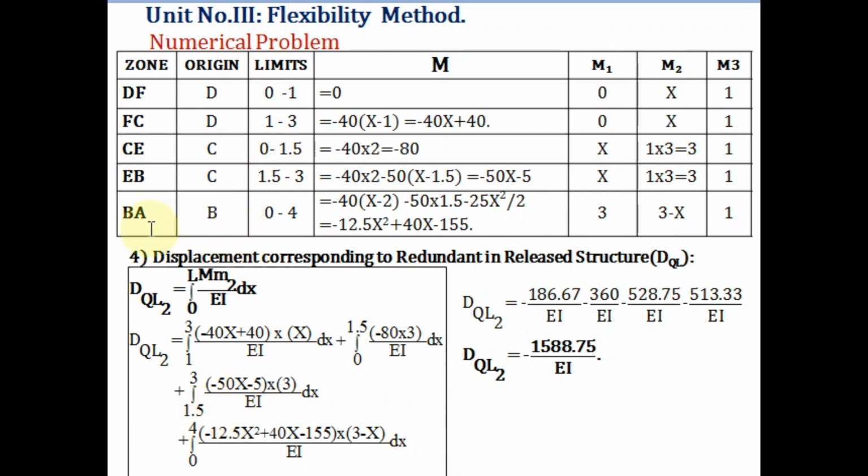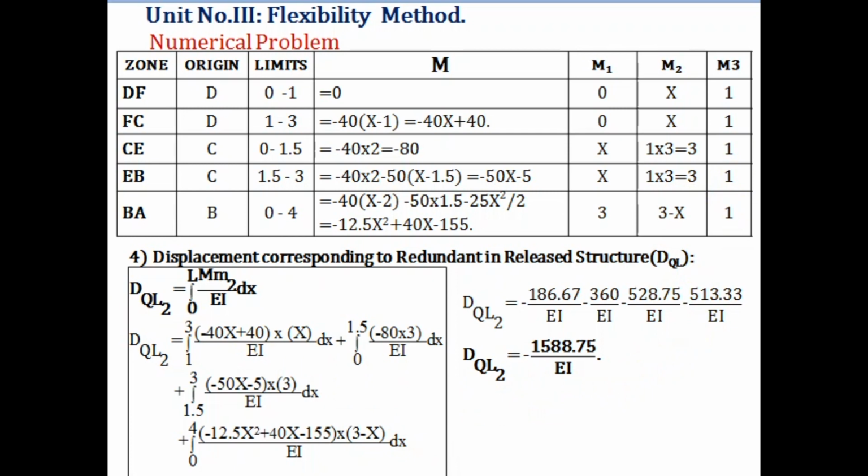Then for the zone EB limit 1.5 to 3, minus 50x minus 5 into 3, and the last zone, that is BA, limit 0 to 4, minus 12.5 x square plus 40x minus 155 into 3 minus x. After solving this, we'll get the value of dQL2.